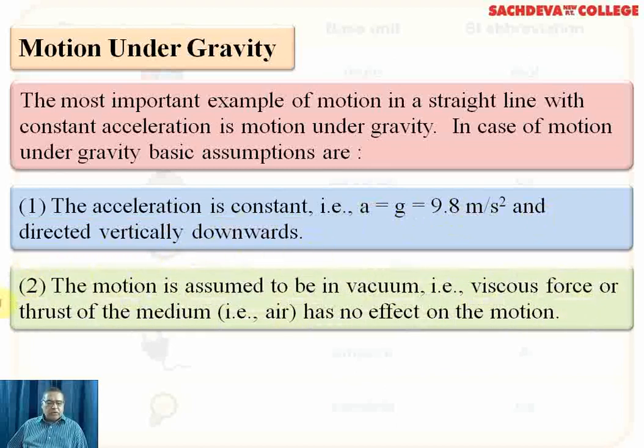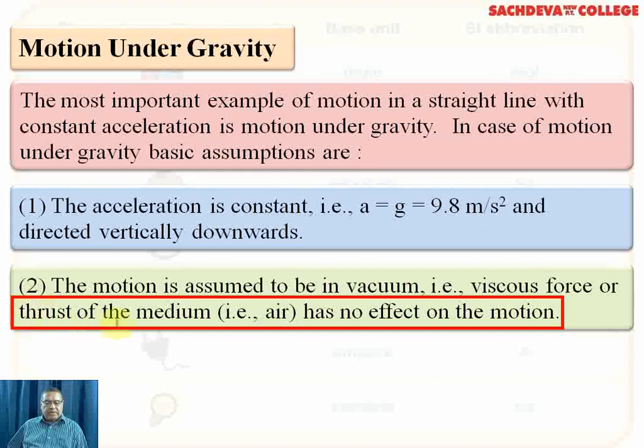The second thing to be remembered is the motion is assumed to be in vacuum, because when motion is in vacuum, the air resistance is neglected. So we have written here that the viscous force or the thrust of the medium, that is air, has no effect on the motion.